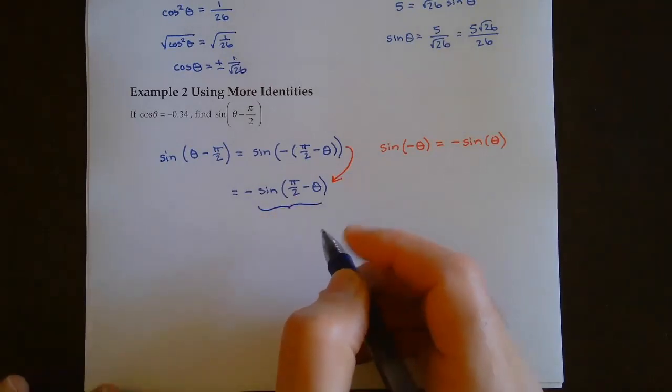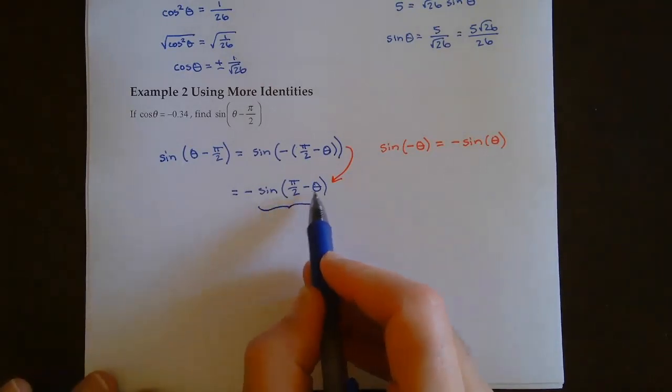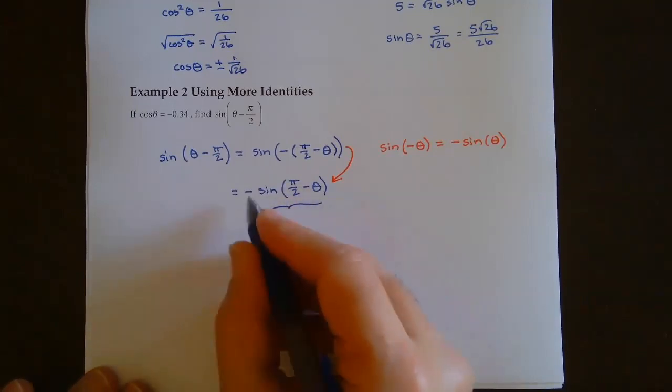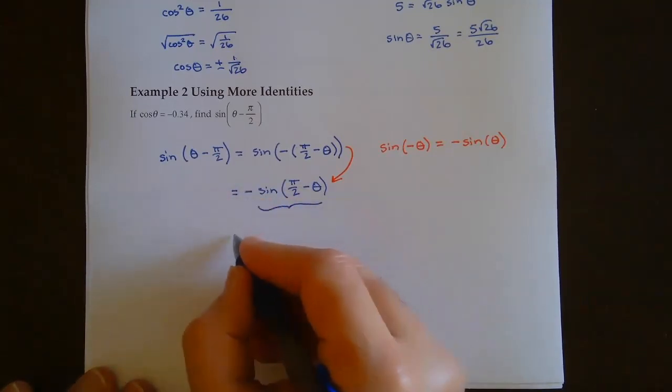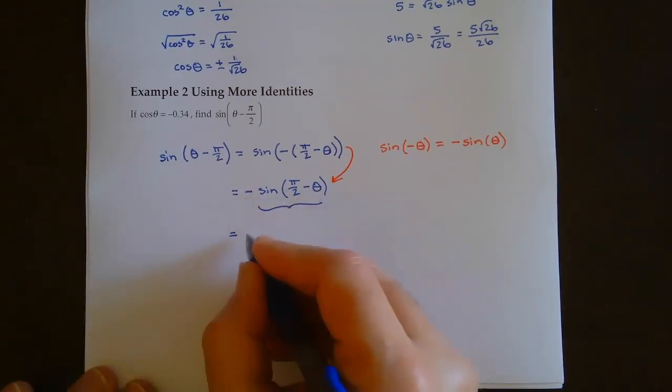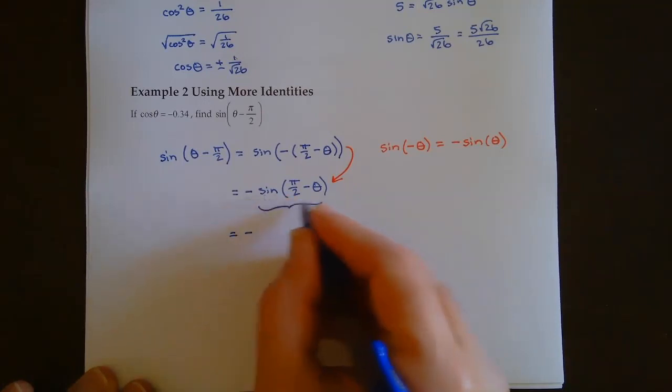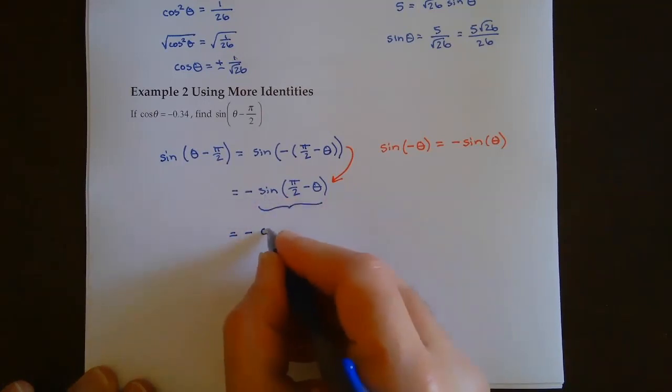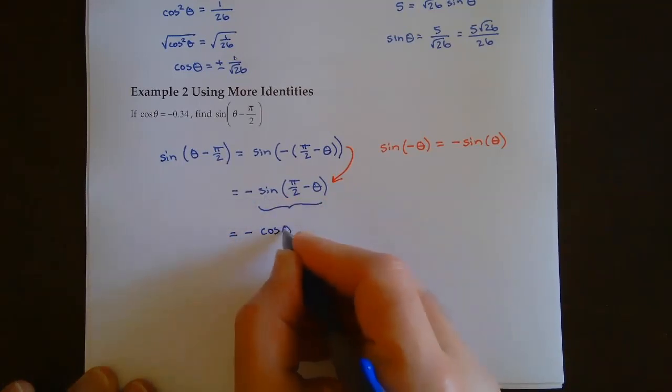Sine of pi over 2 minus theta is equivalent to cosine of theta. The negative just comes along with us. So we're swapping the sine of pi over 2 minus theta out with cosine of theta.